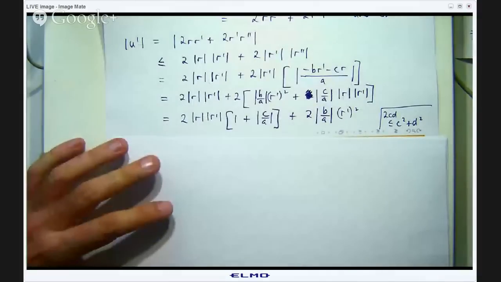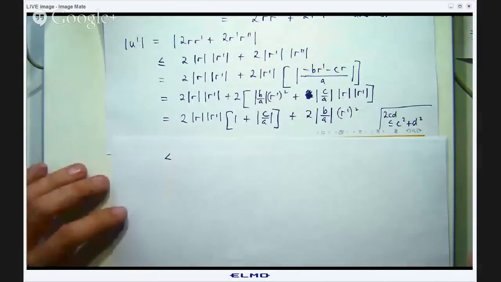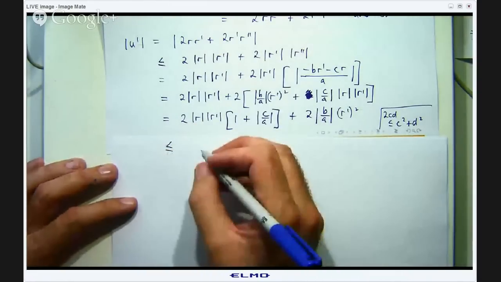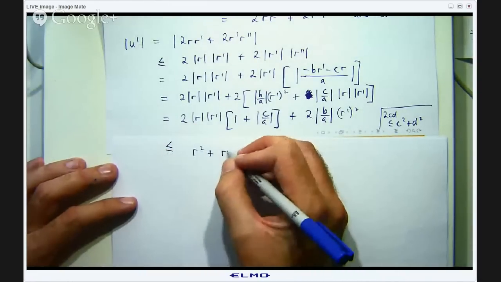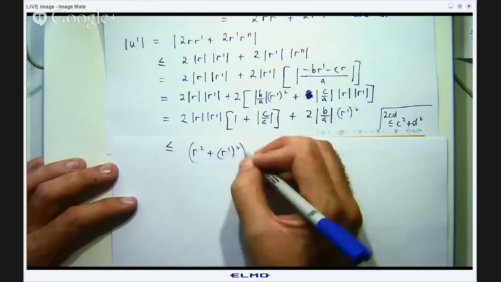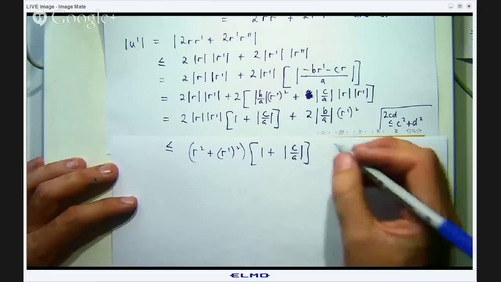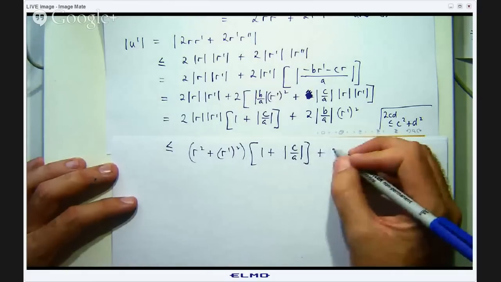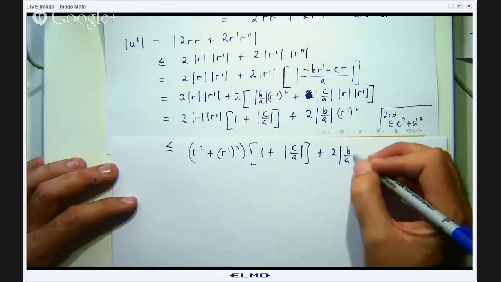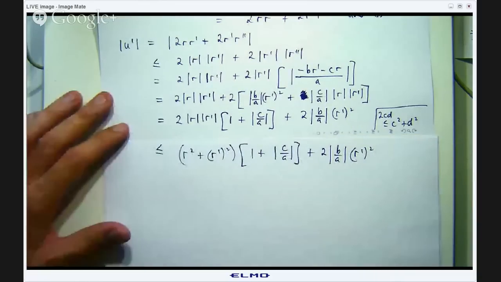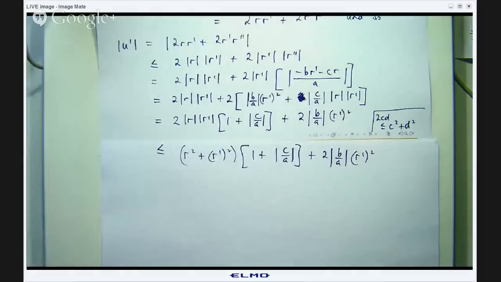Okay, so if I continue this on now, I'm going to apply this inequality in here. So I'm going to get R squared plus R prime squared plus this. Okay, so where to now?